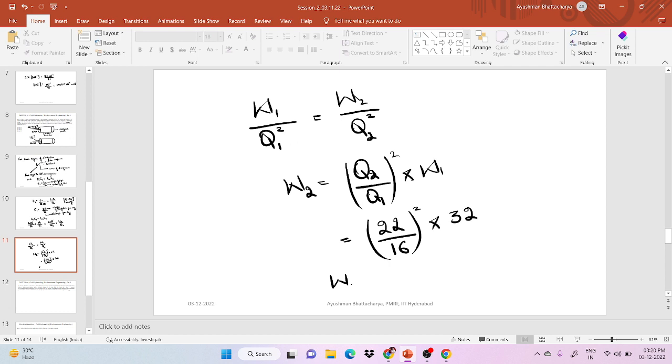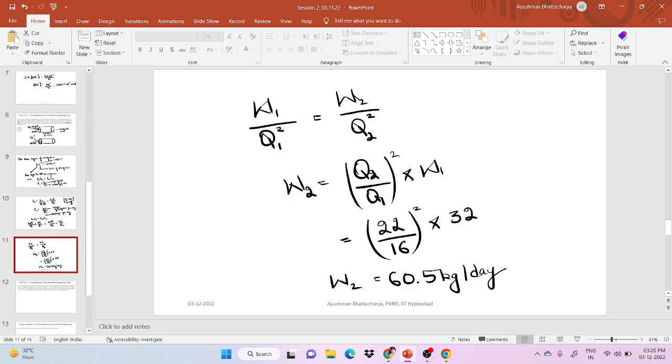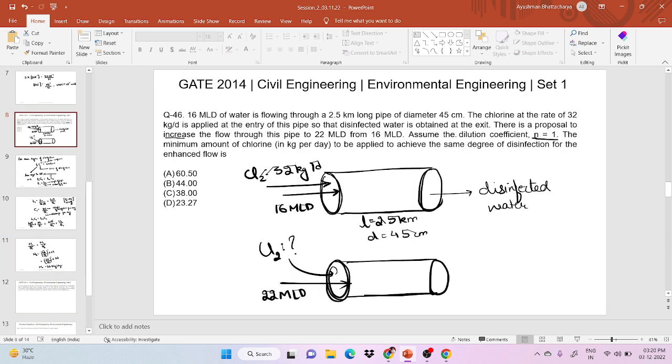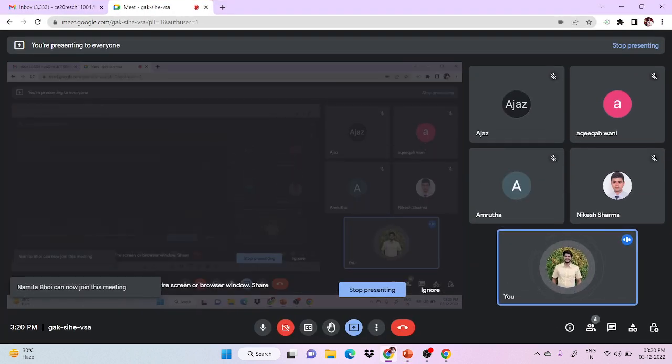So the value of W2 came out to be 60.5 kg per day. So to achieve the same degree of disinfection, we have to add chlorine of 60.5 kg per day. So in this, option A is correct. Is this question clear? Anyone has any doubt till now?